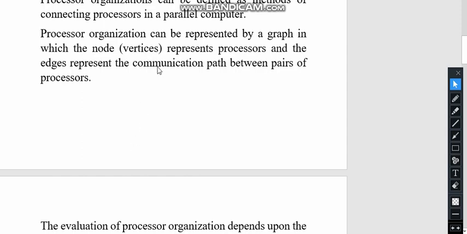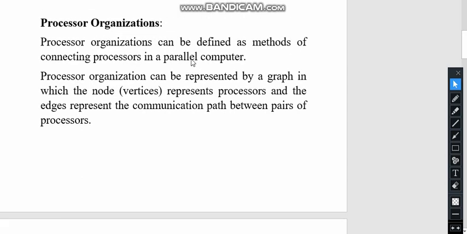But before that, we need to understand how these processors are organized inside a computer. What do you mean by a processor organization? Processor organization is defined as a method of connecting processors in a parallel computer. As we are having more number of processors, we need to arrange these processors in a proper way.